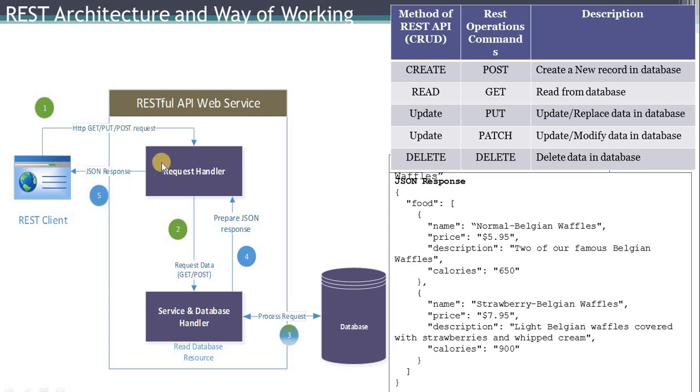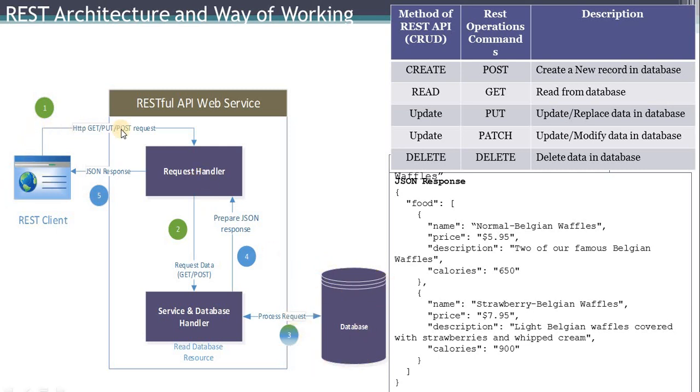It goes to the request handler of that RESTful API, then further to the service and database handler. These are the two components we have as part of this RESTful API, where the service and database handler is connecting with the database and fetching the required information or making changes, updating or deleting. It's performing the action which is requested.